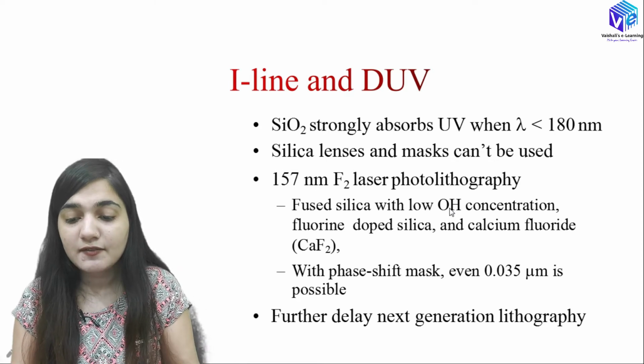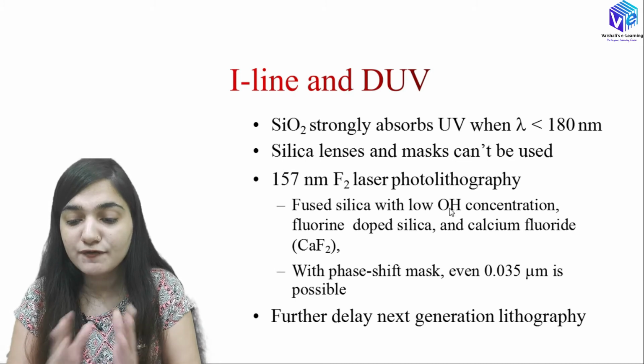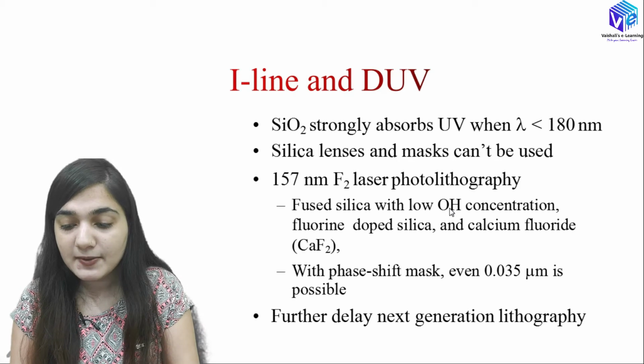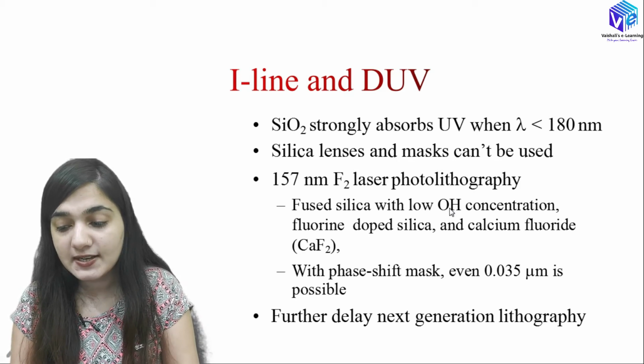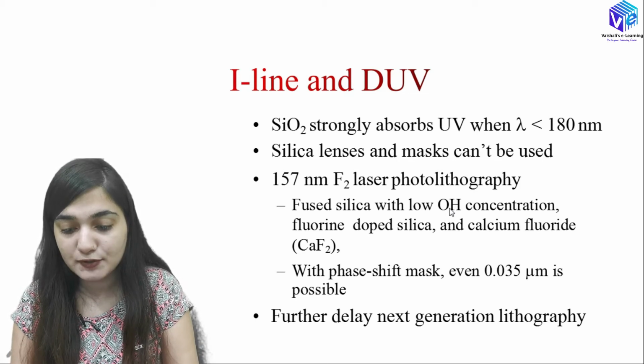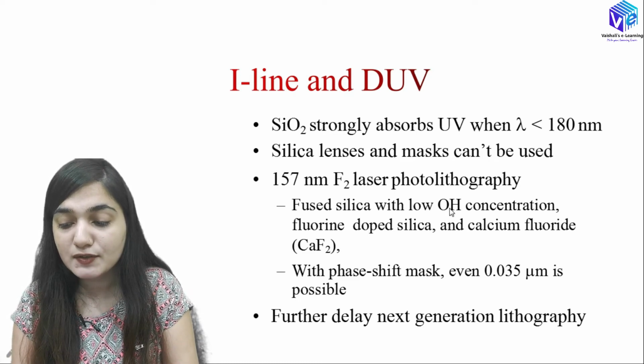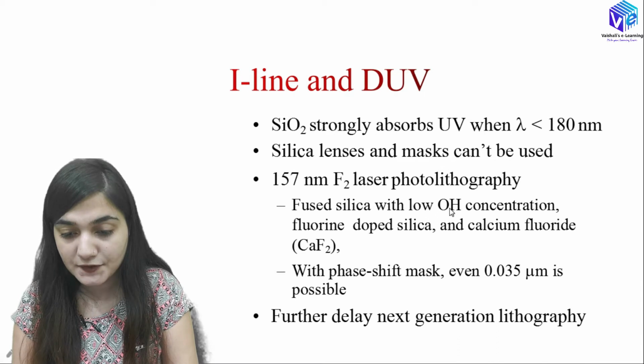Now when it is done, we use fused silica with low hydroxyl ion concentration, and we will also get fluorine doped silica and calcium fluoride. So if I am using the phase shift mask, even 0.035 micrometer is possible.